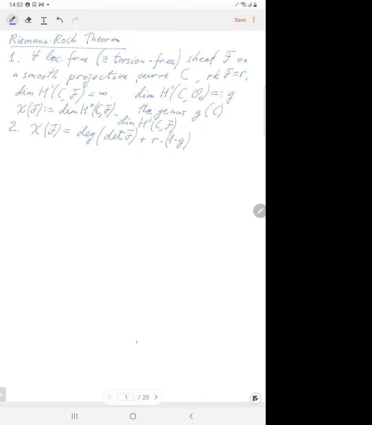Okay. And we proved this. And while proving this, namely while proving the finite dimensionality of the first cohomology, we also proved sort of part of self-duality.